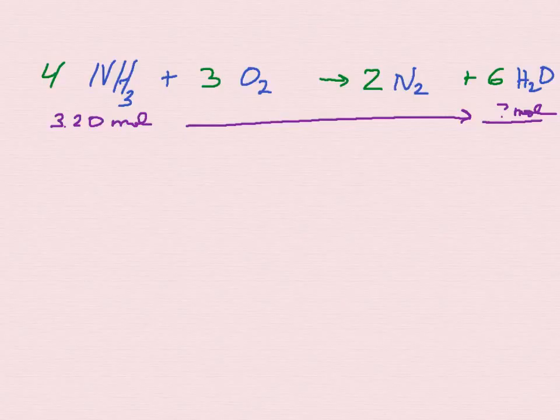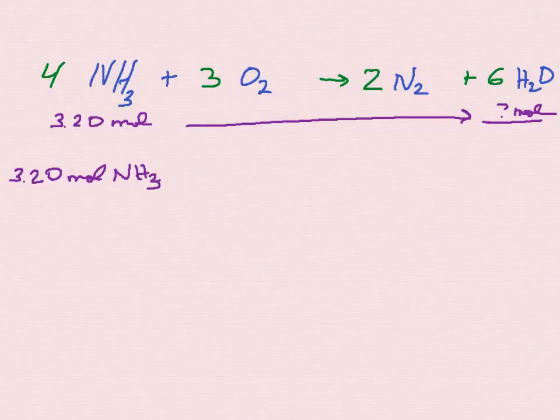So to do these questions, they're simple if you're organized and if you use your units. If you don't, you're going to find them more challenging. So write down what you're given on the far left, and I mean the far left. 3.2 moles of ammonia. That's my starting amount. I want to change that into the amount of water.